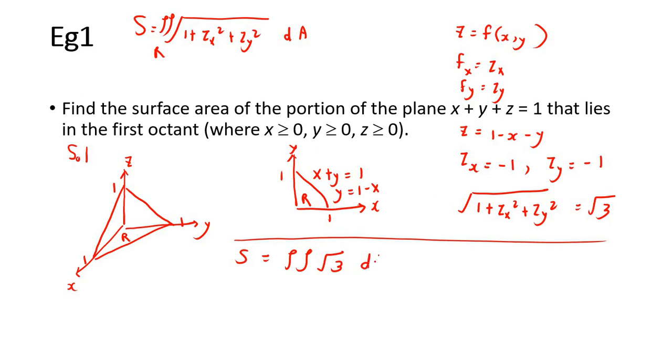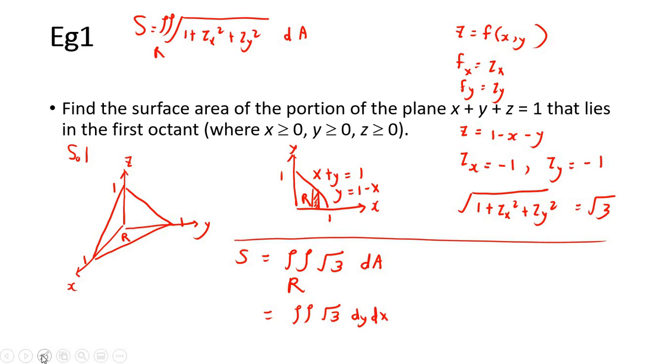And then this is dA over region R. Region R is a triangle, and I will use a vertical bar to find the region R. If I use a vertical bar, then dA I will use dy dx. So the square root of 3 dy dx.